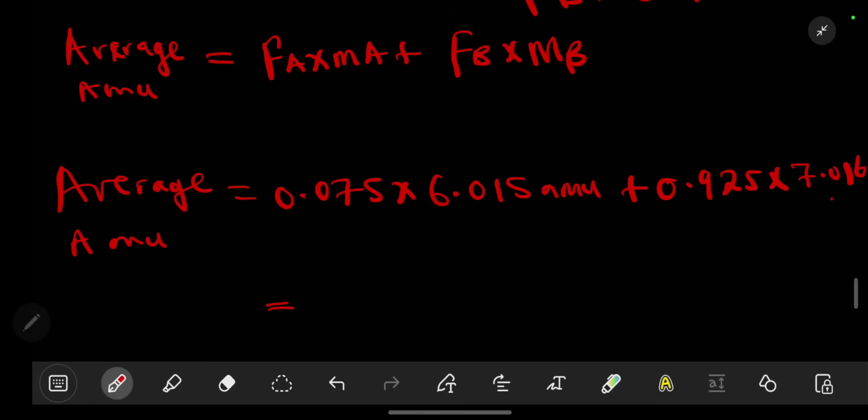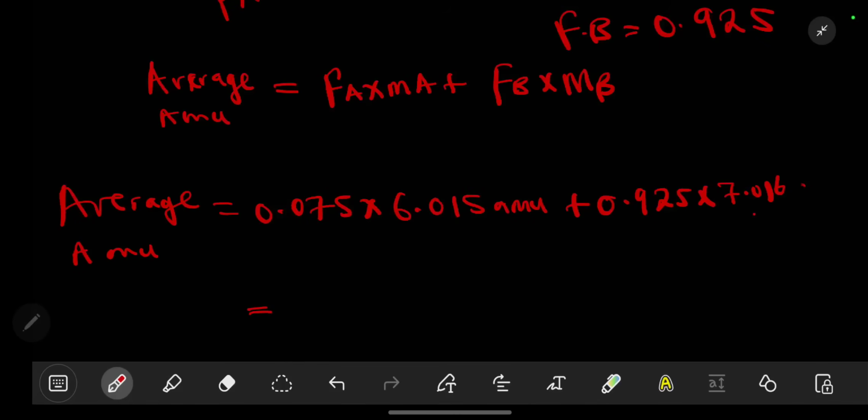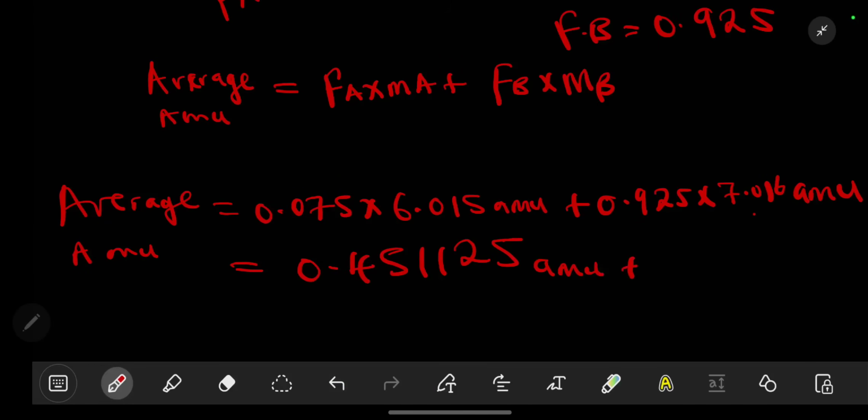For me, space has run out there. Atomic mass unit like that. So with that done, we are going to have something like this. We have 0.075 times 6.015. This is going to give us a value of 0.451125. We add it plus, we have atomic mass unit, plus we have our 0.925 times 7.016.